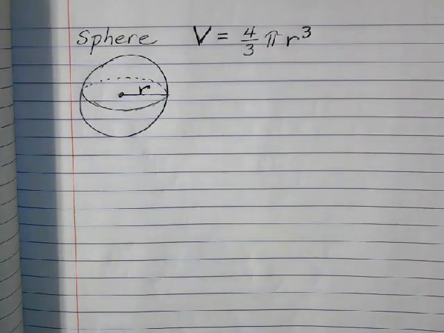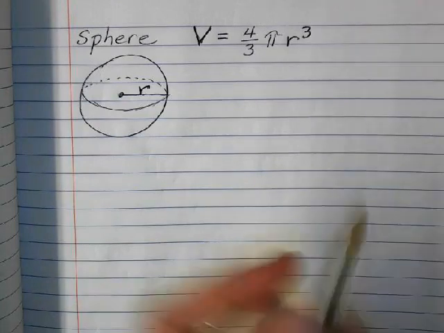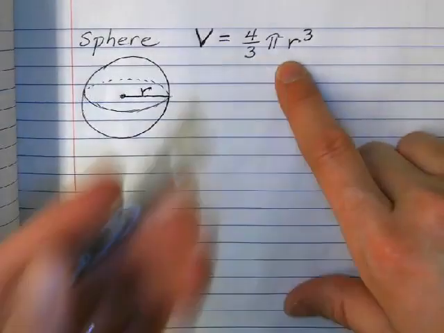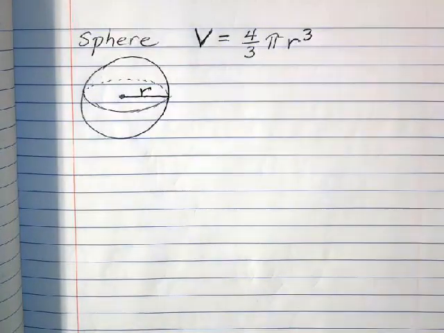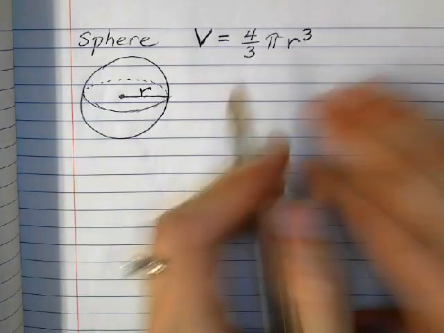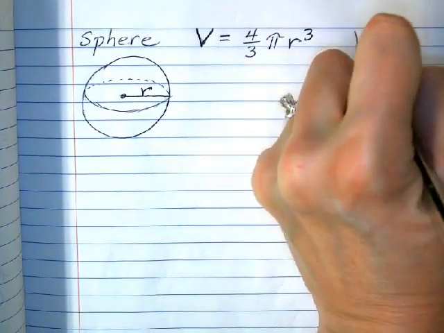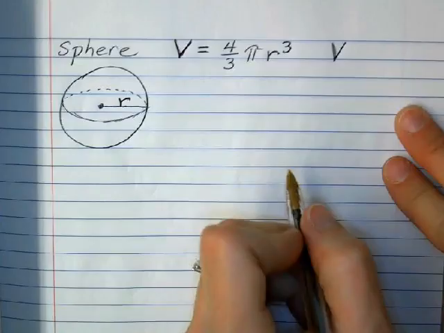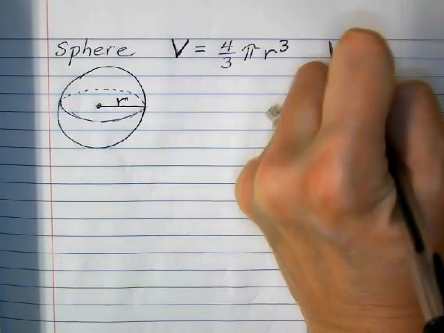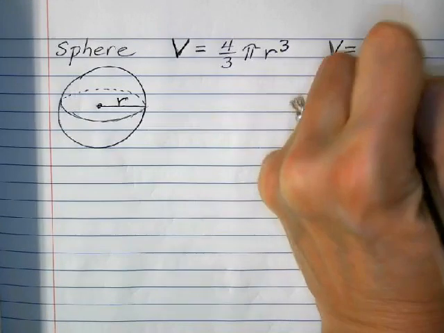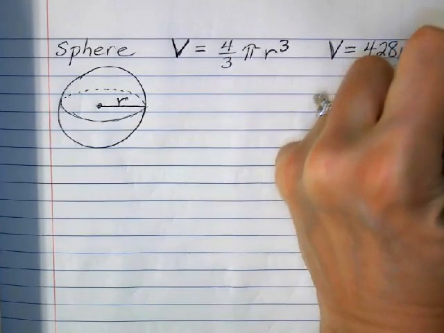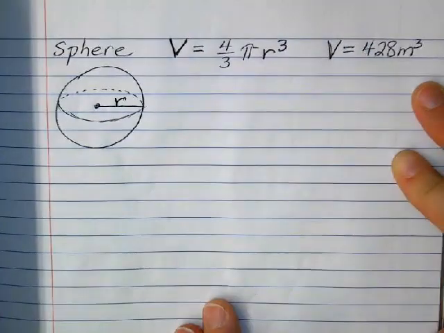So this is the formula. Again, you could Google it, formula for volume of a sphere. It'll tell you it's this. So let's say I told you the volume of this problem again. Let's say I tell you the volume is 428 meters cubed. And then I want you to find the radius.